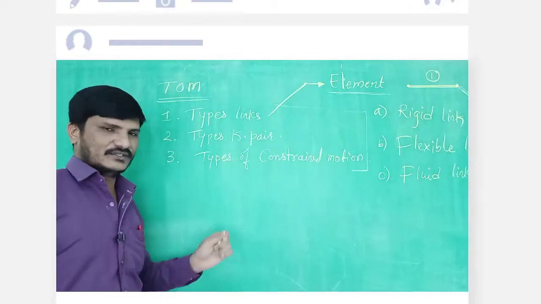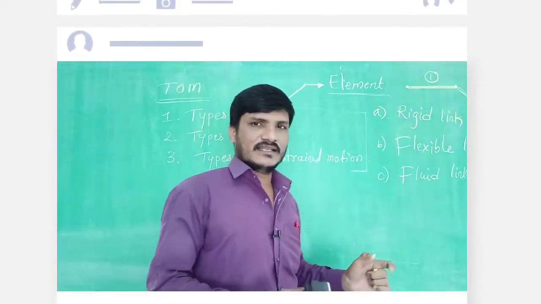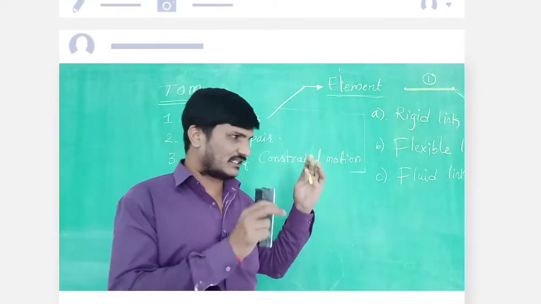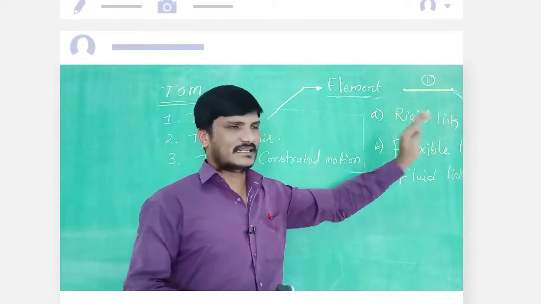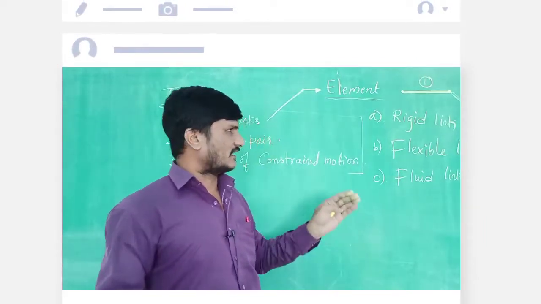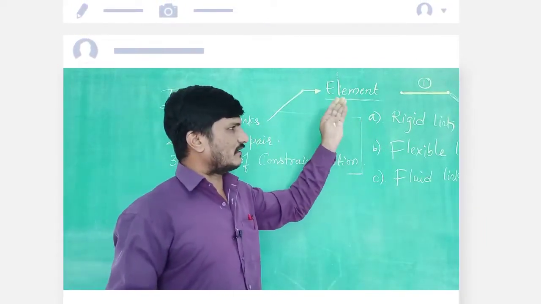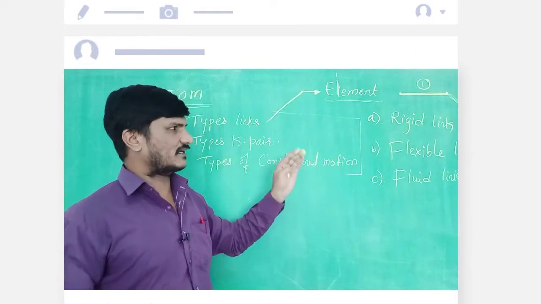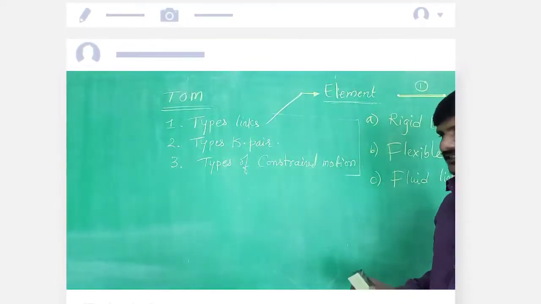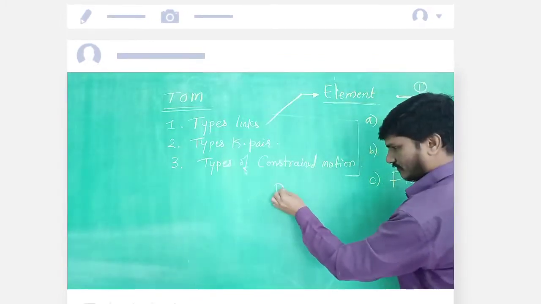One is rigid. Rigid is nothing but no deformation; deformation does not exist in a rigid link. In practice, strictly speaking, there is no rigid link. A rigid link does not exist in practice, because every element can have deformation.